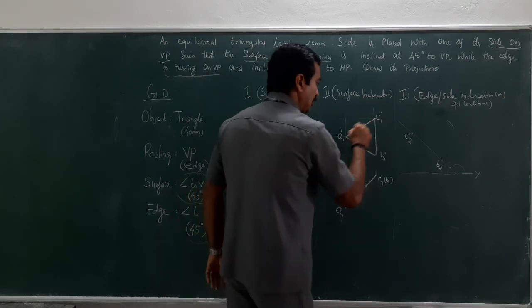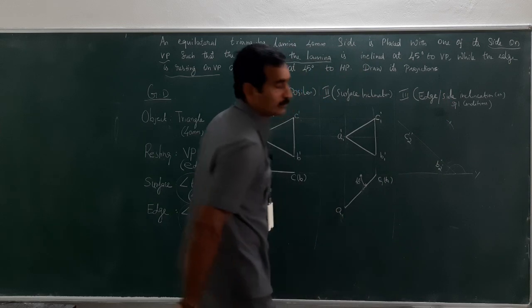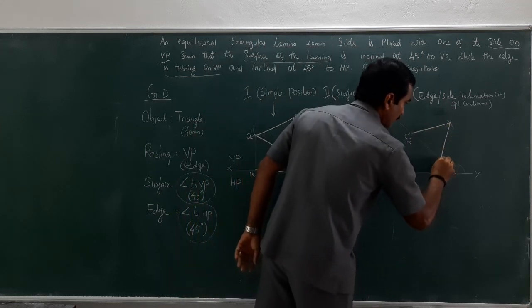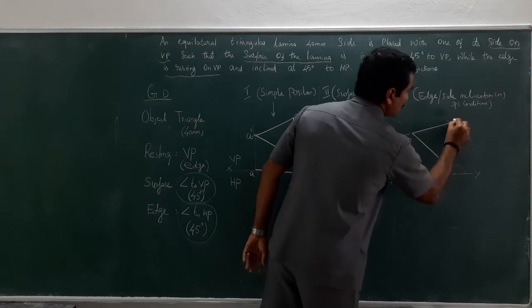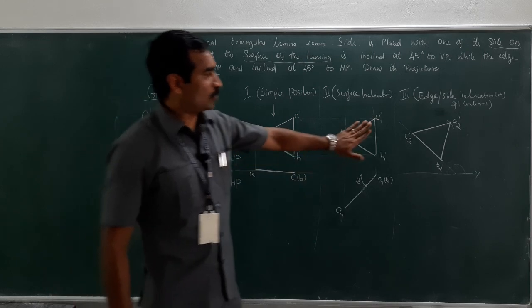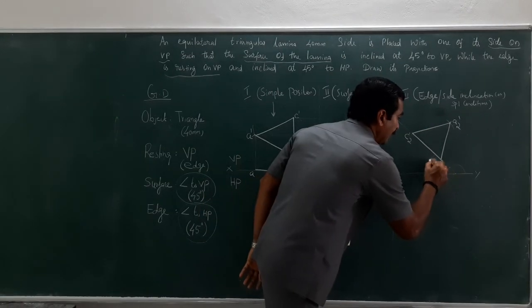Next, measure C to A, keeping at C, cut an arc. Now connect this. So, this point becomes A2 dash. So, this particular object has been tilted at an angle of 45 degrees with HP.